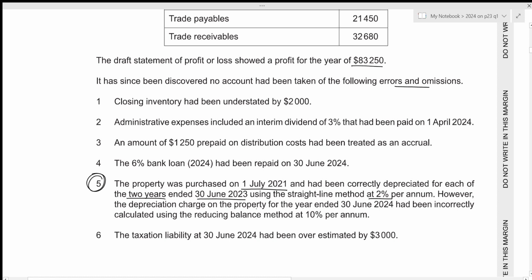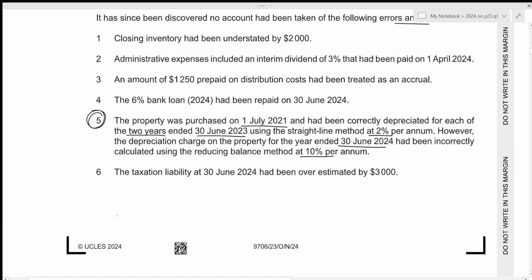However, the depreciation charge on the property for the year ended 30 June 2024 had been incorrectly calculated using the reducing balance method at 10% per annum. Okay. So the property was purchased 3 years before the date of 30 June 2024. So we have our first year, second year, third year.